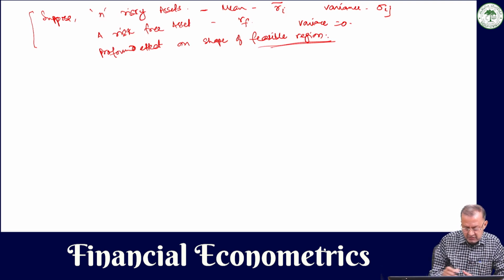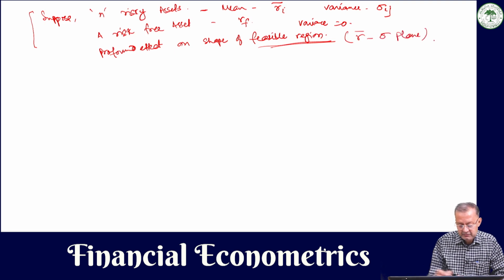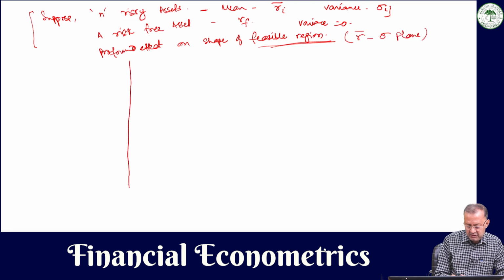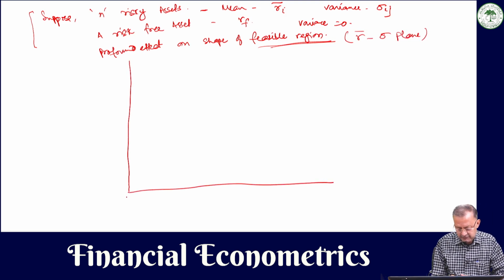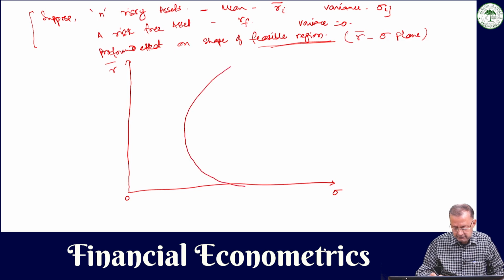So this feasible region, definitely, we determine in this R bar and sigma plane. Let us try to explain this with the help of a diagram. We have this feasible region, we have already derived this feasible region.